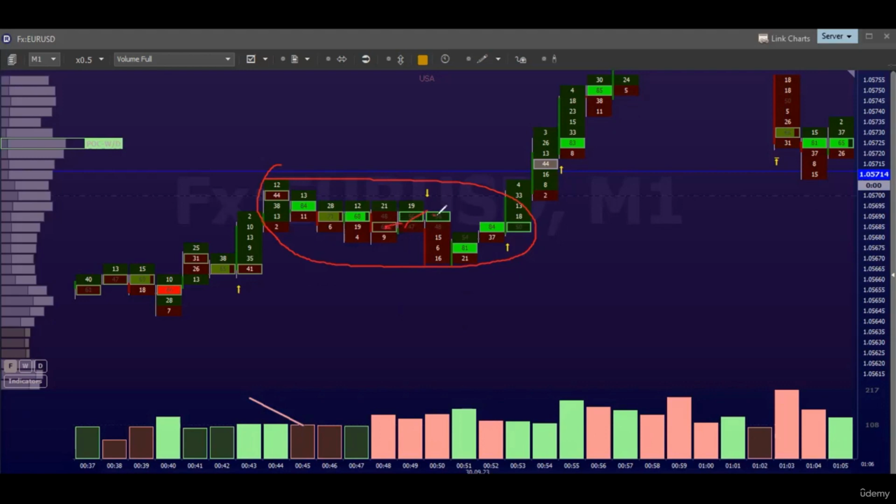Now this is the push bar, the push bar in the downward direction. But after this push bar, why did the buyers enter the market? Do you have any idea?